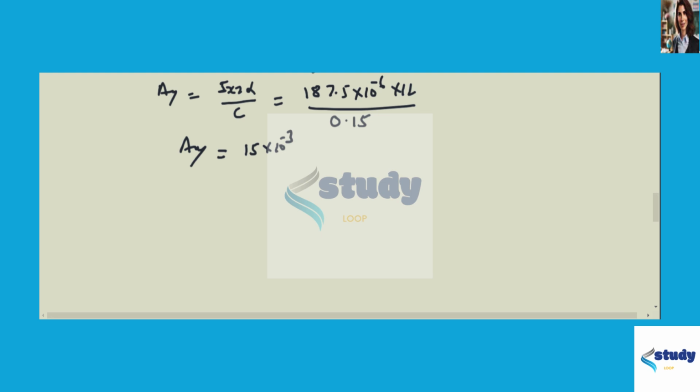Now summation of My is 0. So we can write C Ax is equal to minus Ixz alpha minus Iyz omega square, and this is 0.